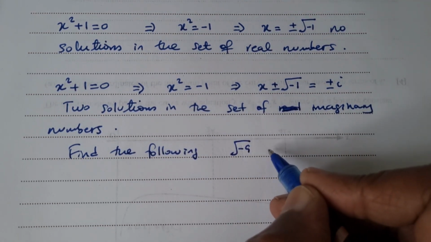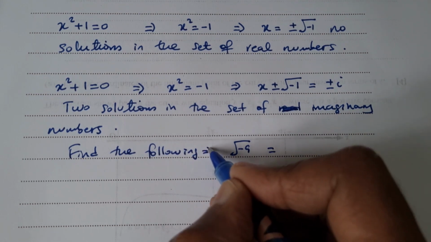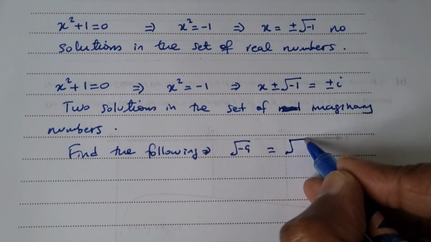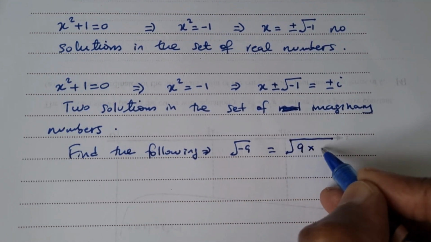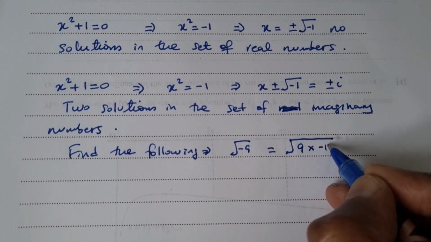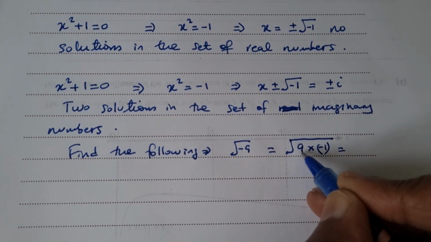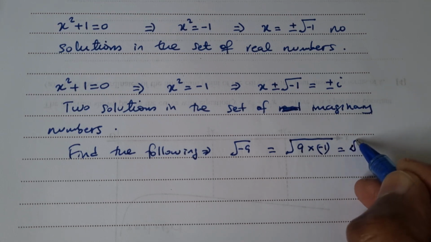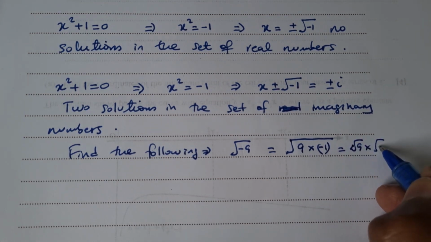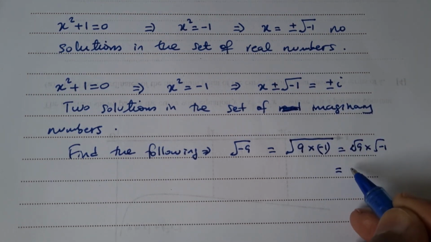And how do we do this? Basically what we do, we just split the square root into 9 times negative 1. So we've got the square root of 9, which is 3, times the square root of negative 1. So now we're looking at 3 times i.